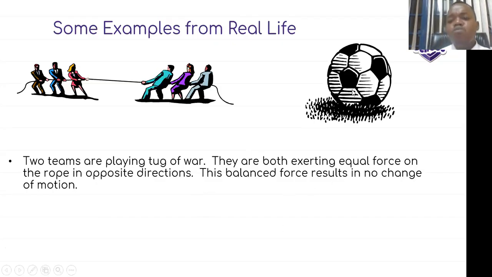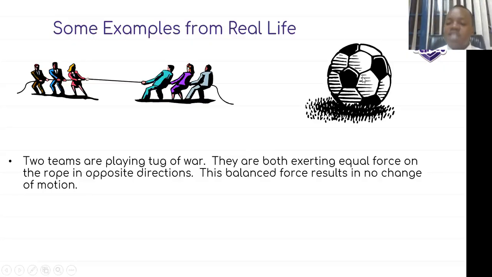Again, if you look at this ball, this ball is stationary. Why is it stationary? Because the forces that are acting on this object are balanced. So they are giving you a net force of 0. If they are giving you a net force of 0, it means this ball will remain stationary. Now, how can you make this ball move?